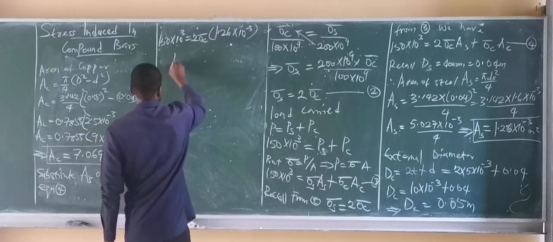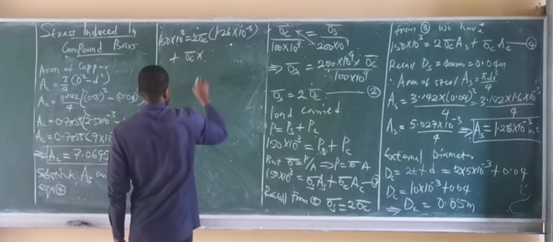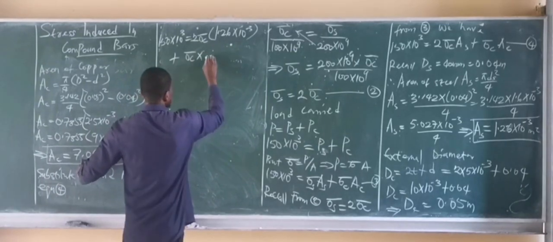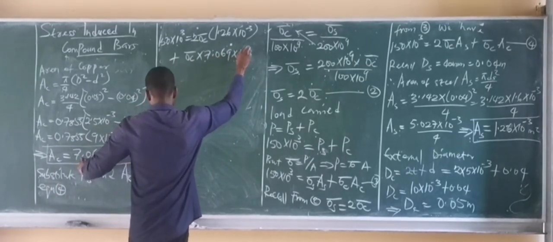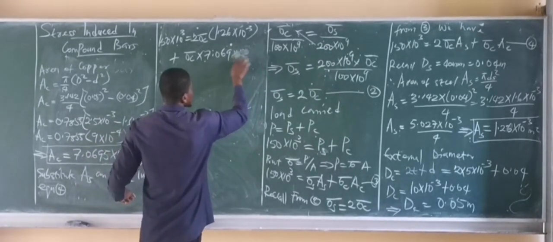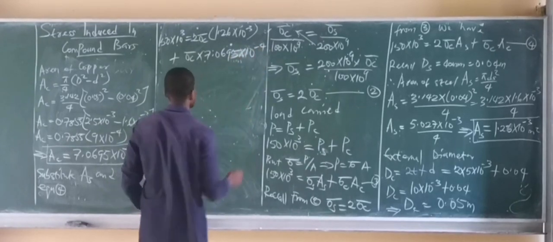Plus sigma C times area of copper, which is 7.0695 times 10 to the minus 4.